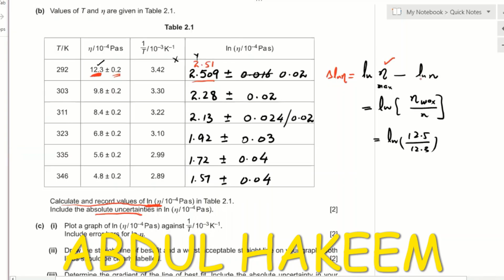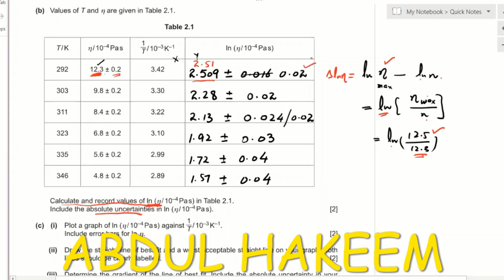The error in ln eta is equal to ln of the maximum value minus ln eta. So we can write ln of eta maximum divided by eta, and the maximum value will be 12.3 plus 0.2, which becomes 12.5, and eta itself is 12.3. So 12.5 divided by 12.3, and then ln, it is coming approximately 0.016, and we will write it as 0.02.